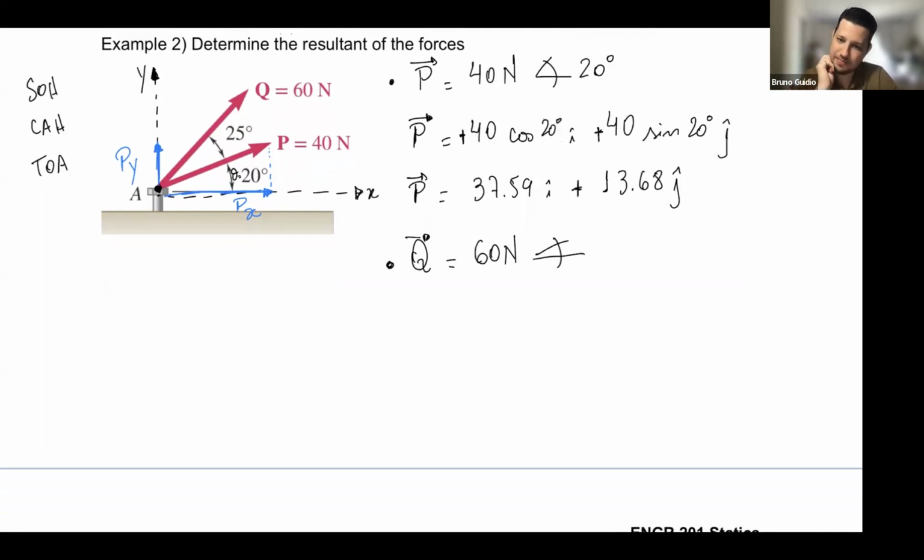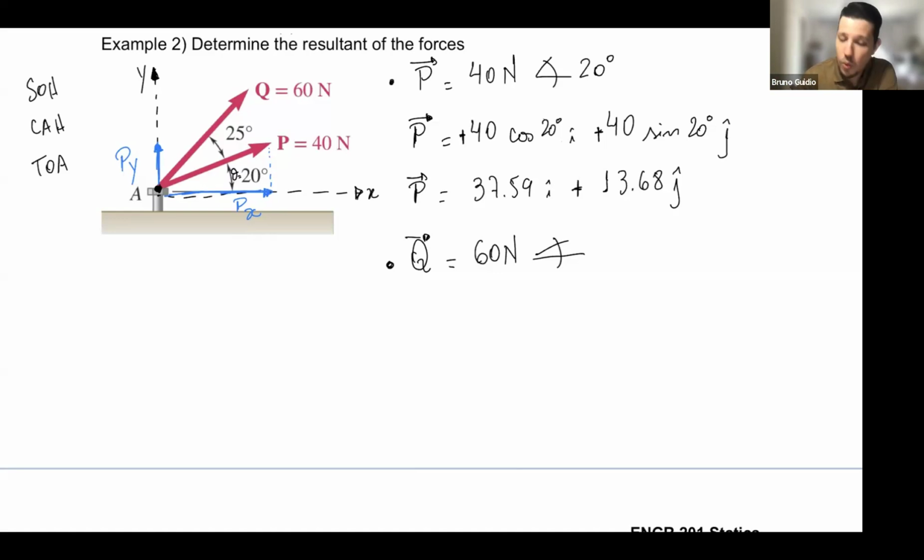Anyone have a guess? 25. I have an answer of 25, which is not, okay? It's not 25.